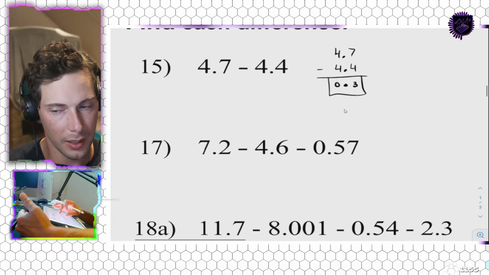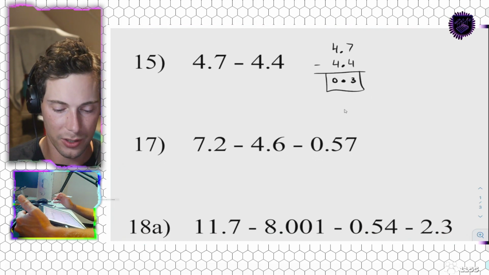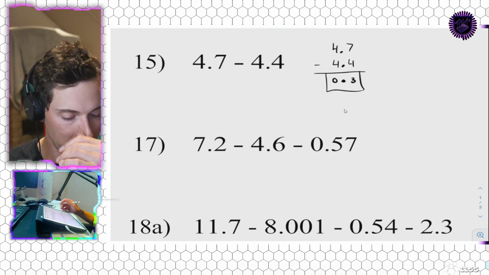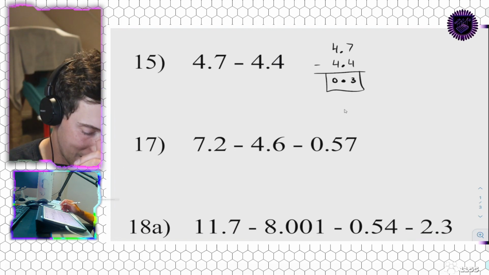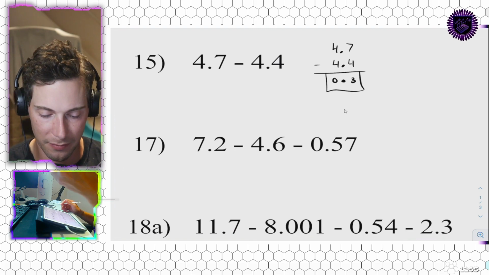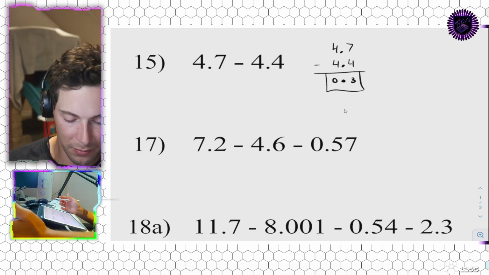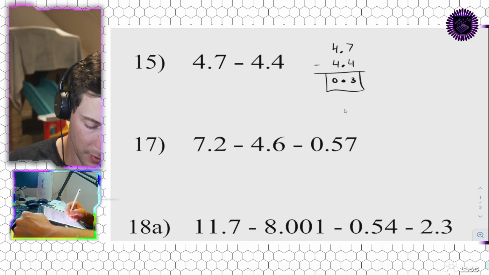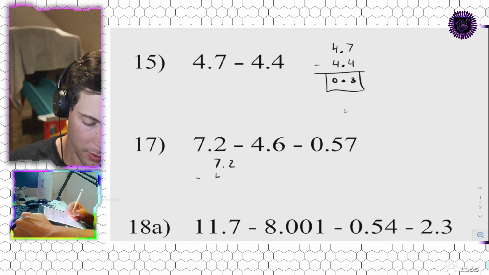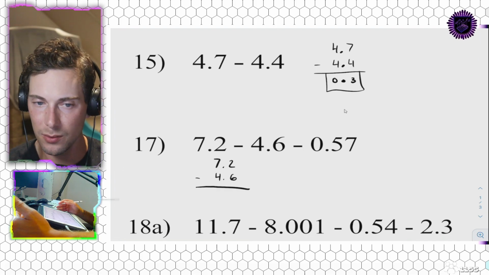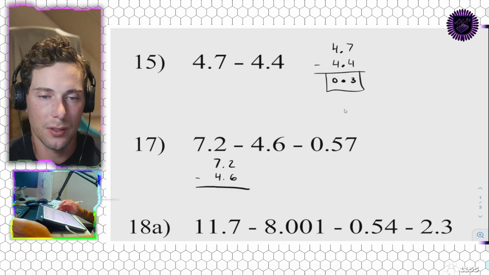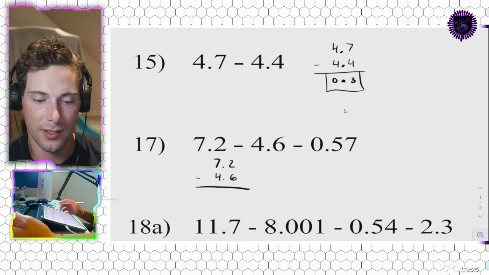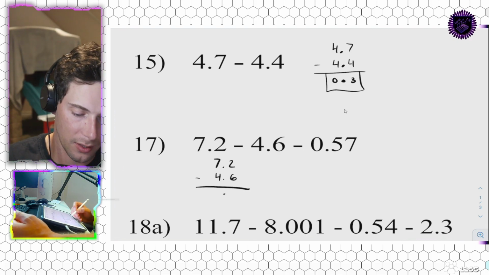Multi-step now. We got to pay close attention. Question number 17 is going to be 7.2 minus 4.6 minus 0.57. So let's do it. 7.2 minus 4.6, you can do the math and carry, or you can go 72 minus 46 and put the decimal point down here.